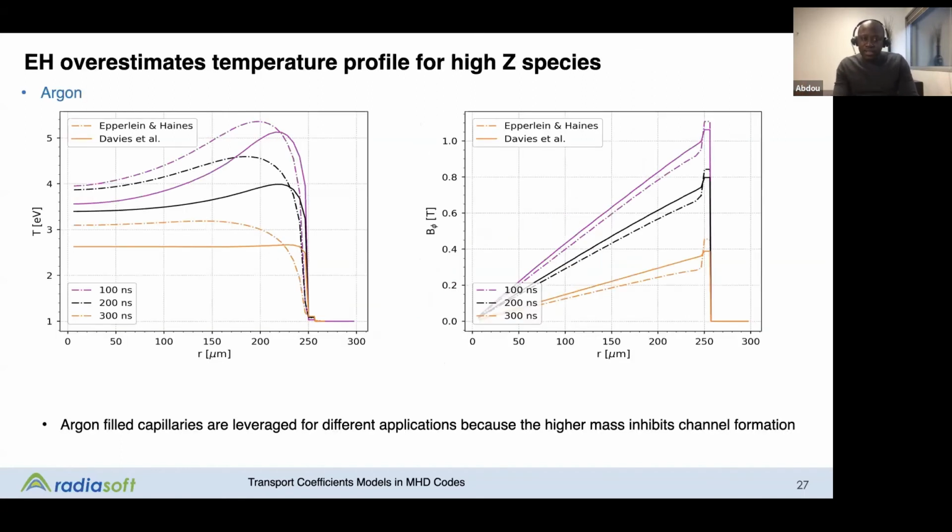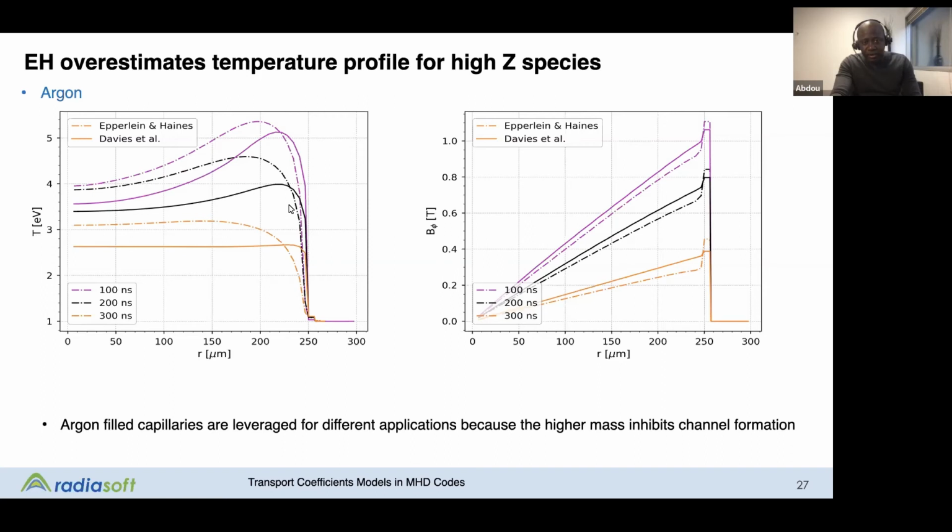We ran a different test case for an argon capillary. Here we compare the two models, Epperlein and Haines, and the new fits that we think are quite accurate and cover a large parameter space range. On the left you can see the temperature at different times. The difference in estimation between Spitzer and Epperlein and Haines still holds even at different times.